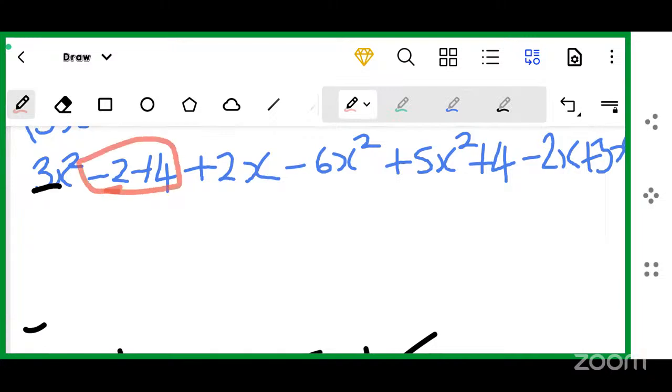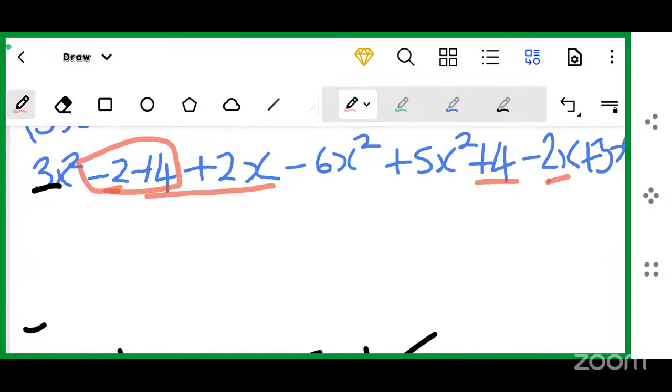These ones are the like terms. And the plus 4 minus 2x plus 3x are like terms. Yes. Do you remember like terms?